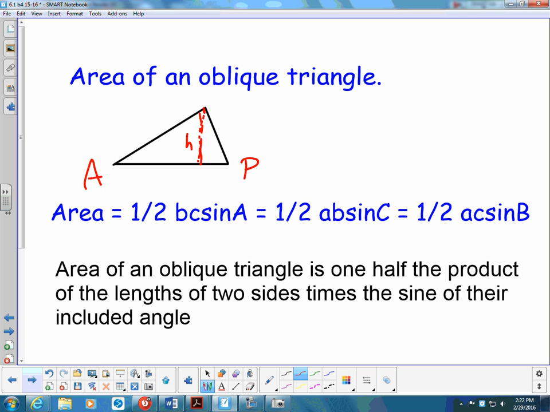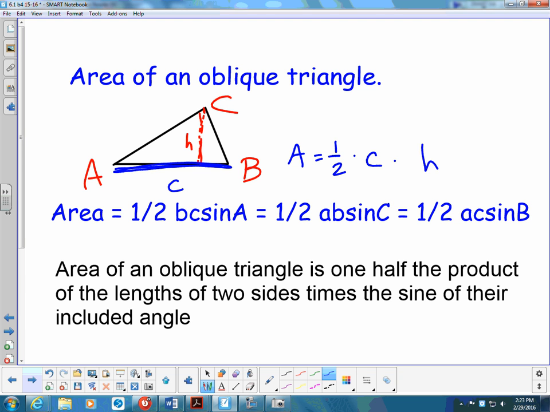This is A, B, C, right? And the formula for the area would be half the base, which in this case would be C, times the height, which would be H. Would you agree with that? If we knew the height. Agreed?